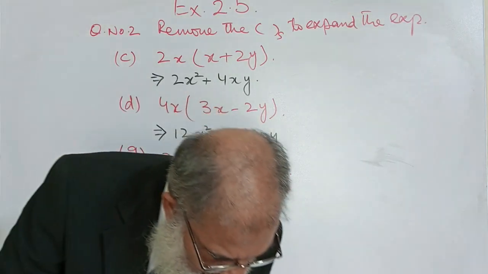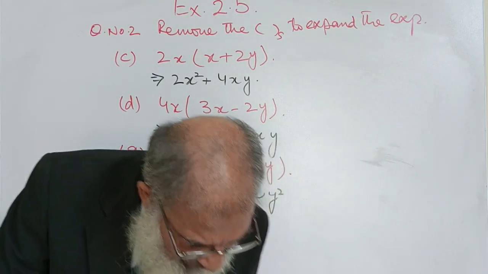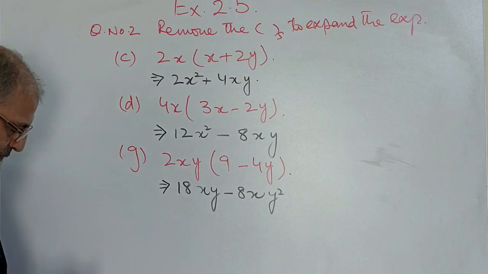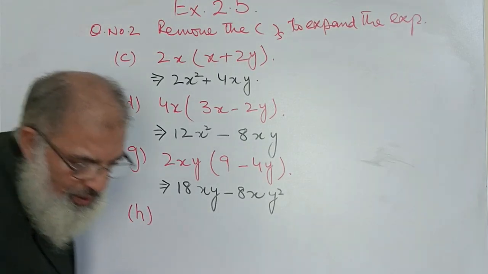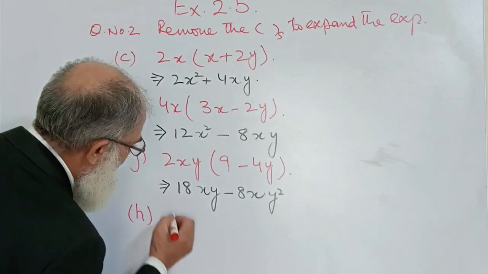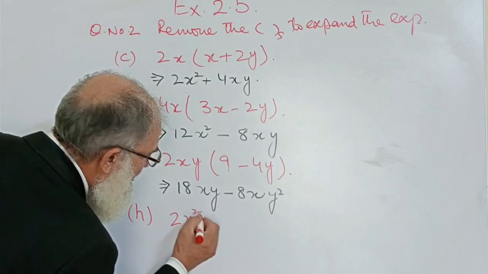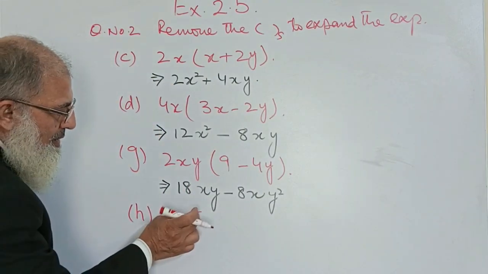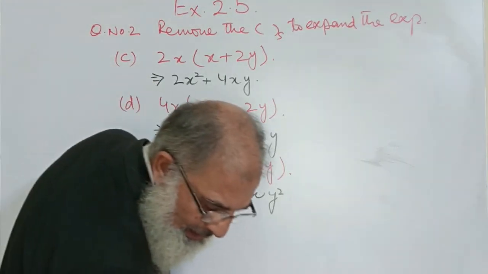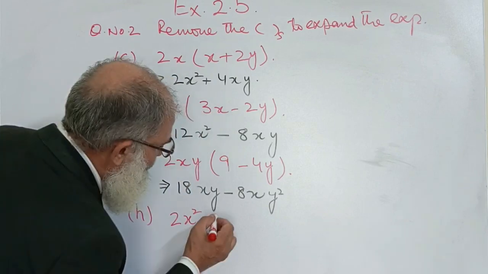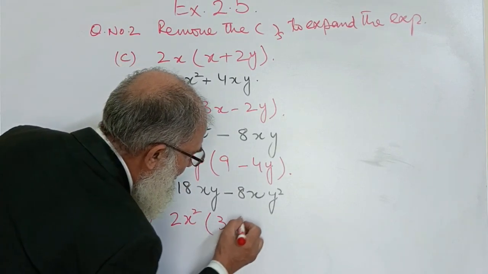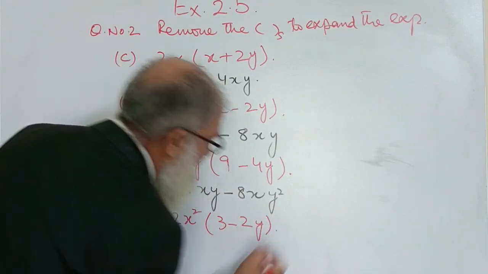Okay. Now let me take part H. Part H is 2x square. Now we have a square outside the bracket, and that is x square, and 3 minus 2y is written inside the bracket.